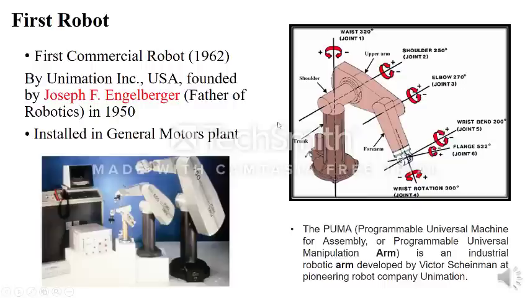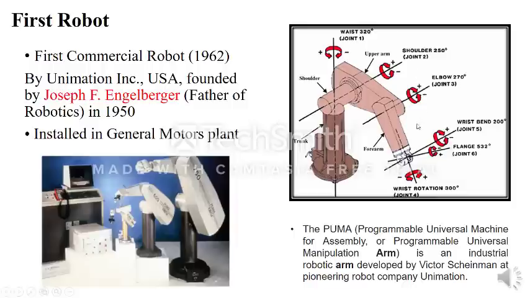Next, first commercial robots. The first commercial robots came out in 1962 by Unimation Incorporation. What does it mean? Commercial, anyone can buy the robots for their needs and applications. So Unimation company founded the robot and he is named the father of robots. And these robots were installed in General Motors plants. See, this is the robot.